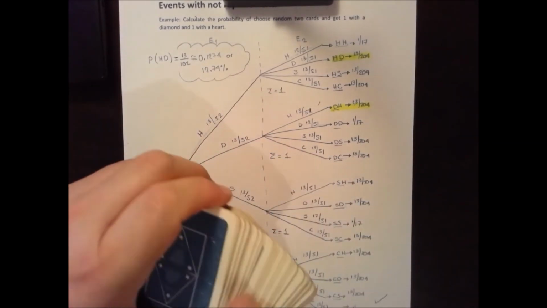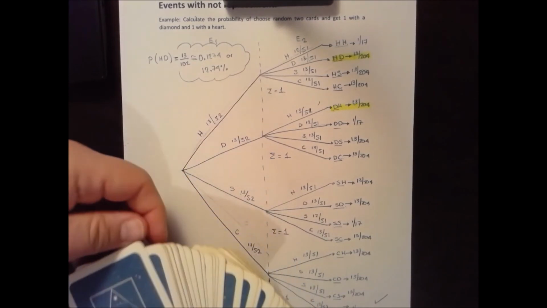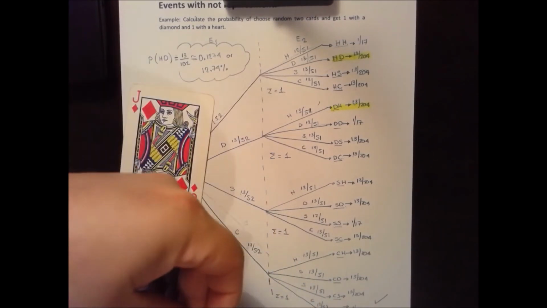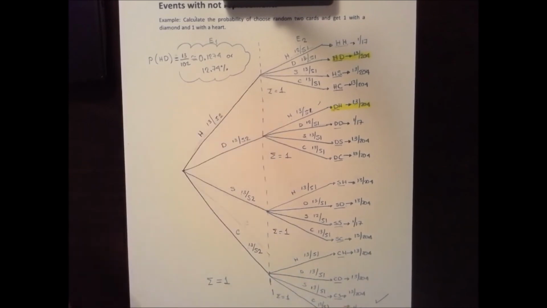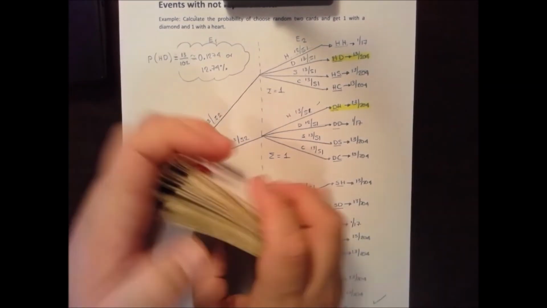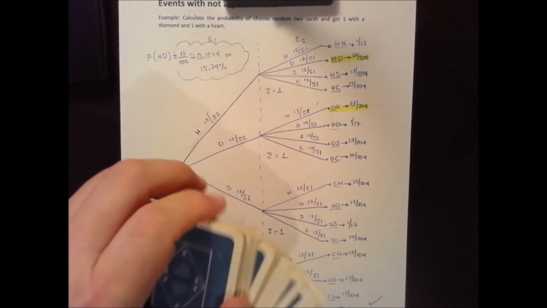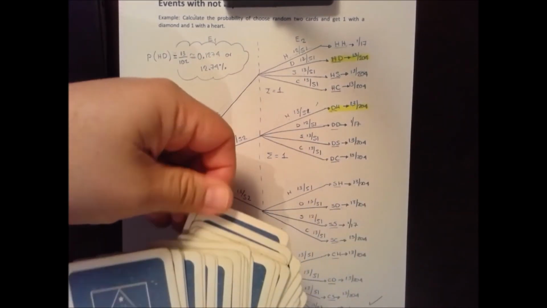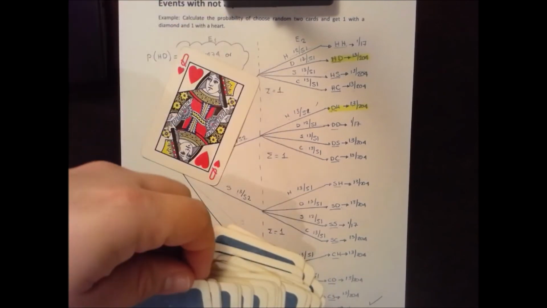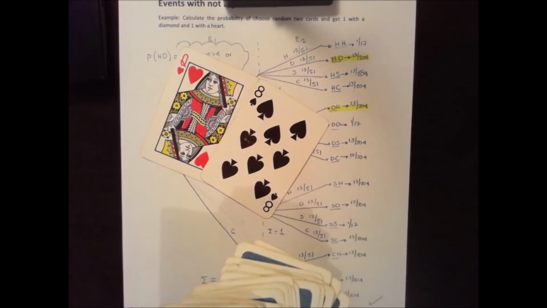I'm going to scramble it. First 1 and 2. Okay, diamond and heart. I have it the first time. Okay, I'm going to do it again. Here again, and here again.